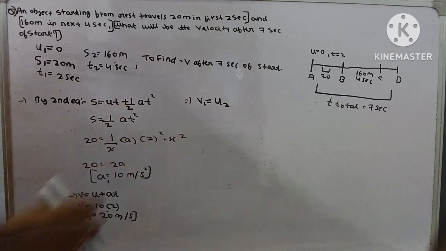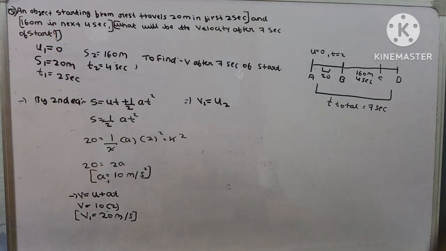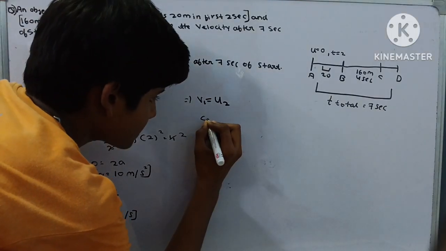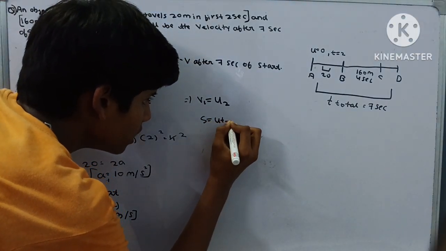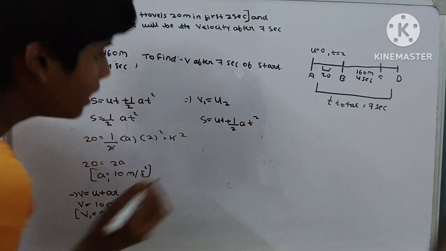Now we have u2, and we have s2 and t2. So by which equation can we find acceleration? 2as is equal to v square minus u square, right? So we will use the second equation. s is equal to ut plus half a t square.